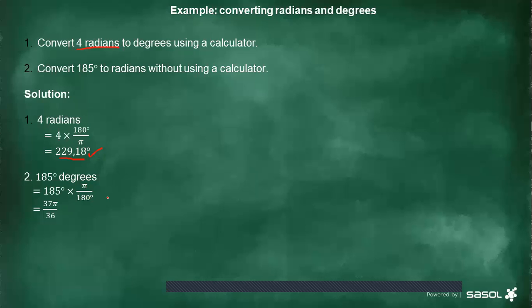So don't forget that, because by the time you are answering a question, for instance if you had to calculate the area of a sector, or the angular velocity, or the circumferential velocity, and you make a mistake of converting degrees to radians, then the answer you are going to get is going to be wrong.